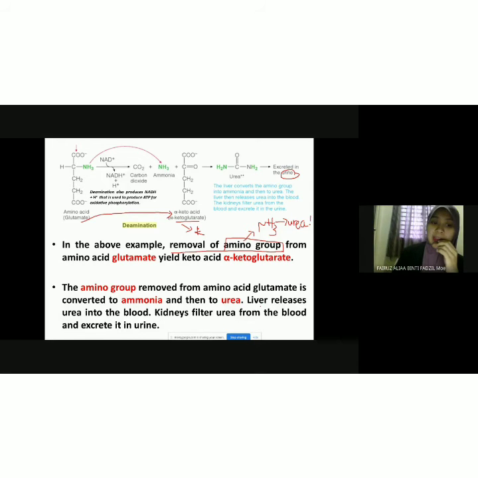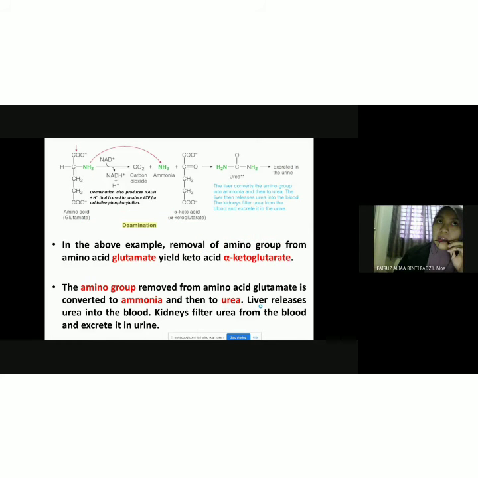The liver releases the urea into the blood, the blood goes to the kidney, and the kidney filters the blood and takes up the urea. At the end of the day, the kidney produces the urine containing the urea, and the urea is excreted out from our body. So that's how we remove the nitrogenous waste, initially from ammonia, and lastly becoming urea.